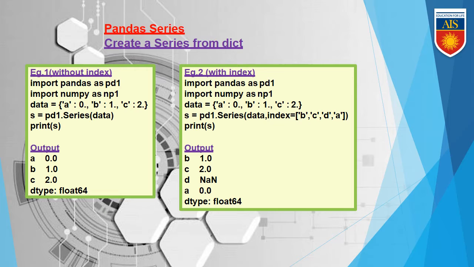NaN is for not a number. So just follow the program properly. Against a we have assigned 0, b 1 and c 2. Now we are going to print the data Series as b, c, d, a. Against d we have not assigned any data, that's why against d we are getting the output as NaN, meaning not a number.